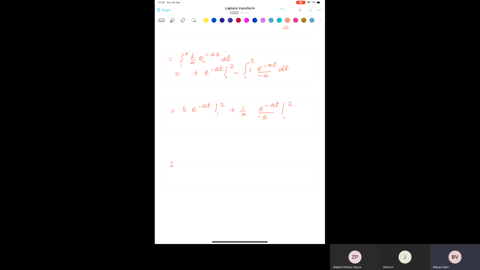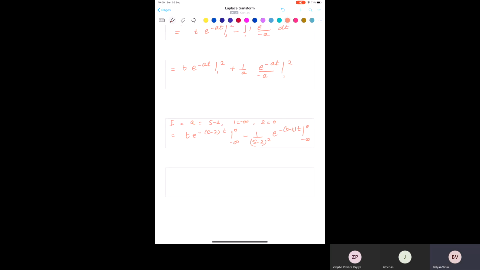So the first one, a is s minus 2, and 1 and 2: 1 is 0, minus infinity, and 2 is 0. So it is equal to t. So put the limits of integration.